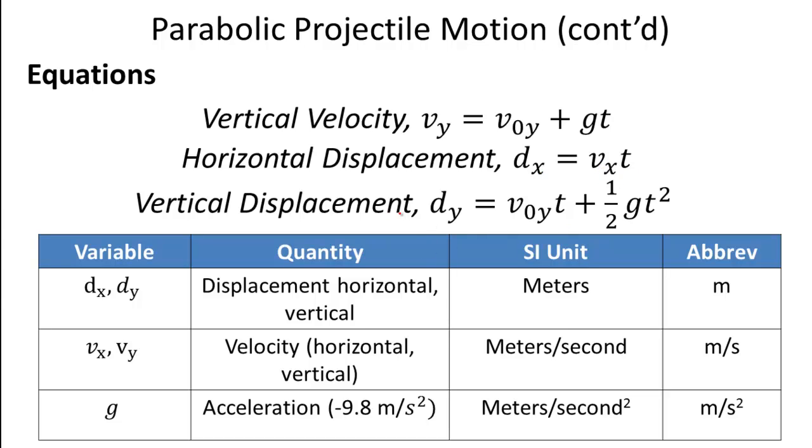And then we have the vertical displacement formula, which is dy equals initial vertical velocity times t plus 1/2 gt squared. These are the exact same variables in the exact same equations. This is not going to change. The only important things to note are those two key points that I brought up earlier about the vertical velocity being 0 at the vertex and being the opposite of the initial vertical velocity at the end of its path.